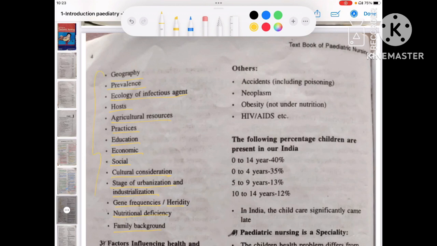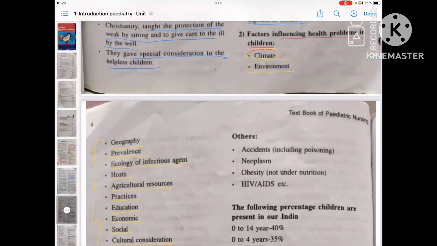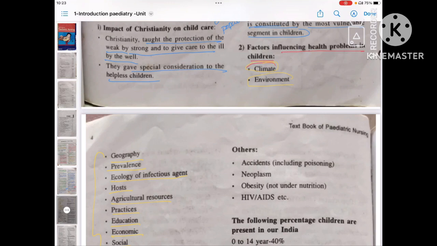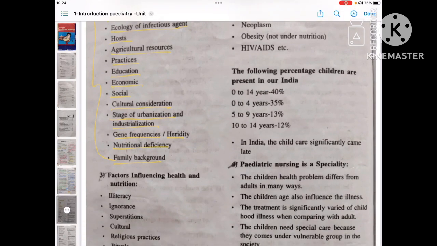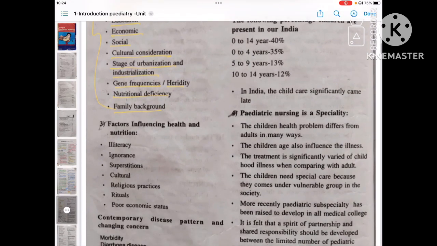These are all the factors influencing health problems in children, and they make children get disease. Next we will move to the factors influencing health and nutrition.